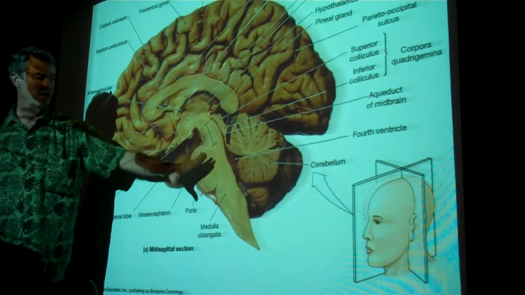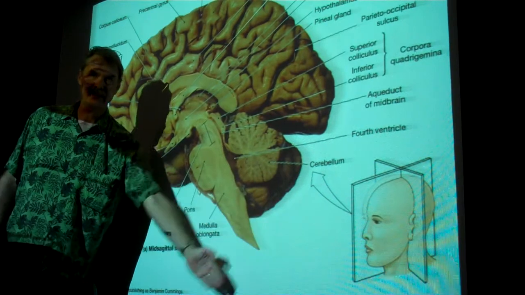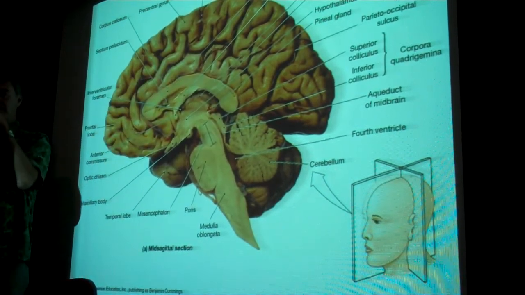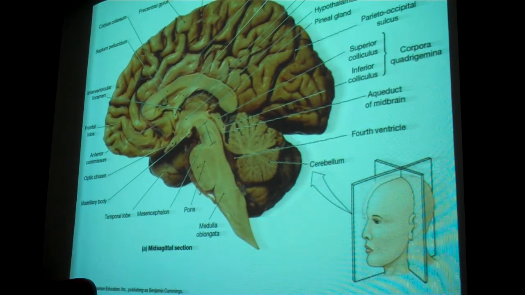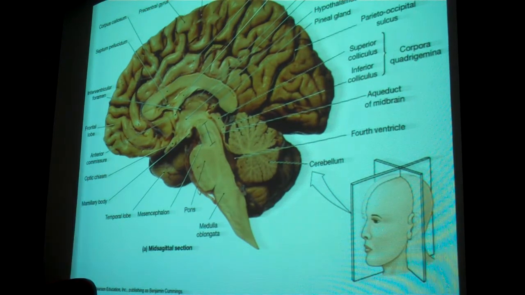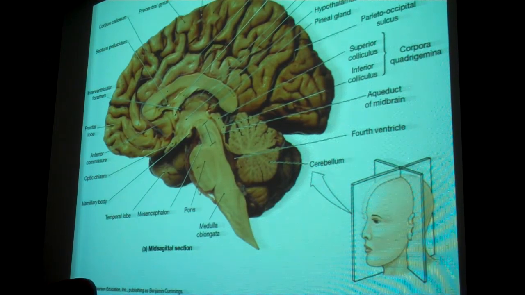You're slicing the brain stem in half, and you're slicing the cerebellum in half, but you've left the brain alone. You're slicing it right down the middle. You'll notice when we do the sheep brain in the next lab, they don't have that big fissure in the middle. The brains are more connected.